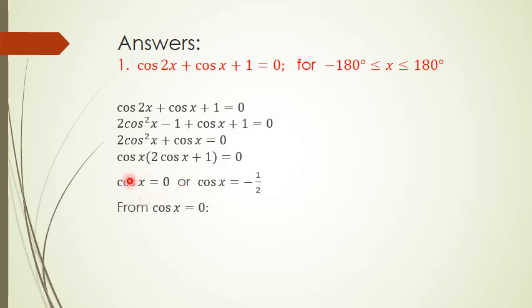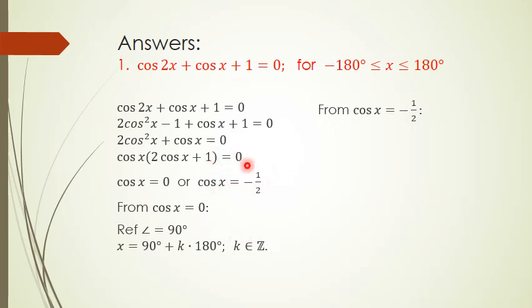Then considering cos x equal to 0 first, reference angle from the calculator is 90 degrees. And remembering the graph of the basic cosine function, it crosses the x-axis at intervals of 180 degrees, not 360. So our solution is x equal to 90 degrees plus k times 180 degrees, k an integer.